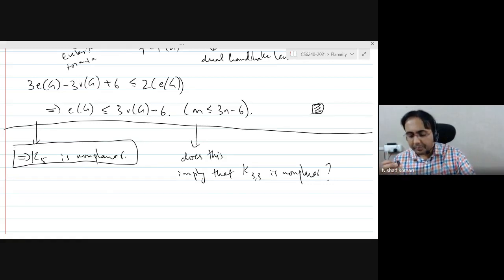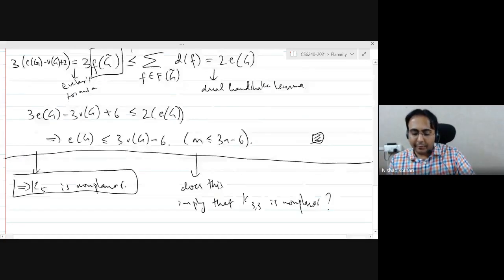No, right? You can do the arithmetic, and you will see that it does not imply that K33 is non-planar. However, K33 has another property that we can use. Anyone? What is the property of K33 that we could use to get a better bound on the number of edges? Exactly. K33 is bipartite.